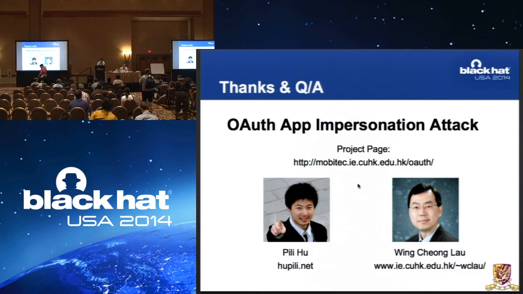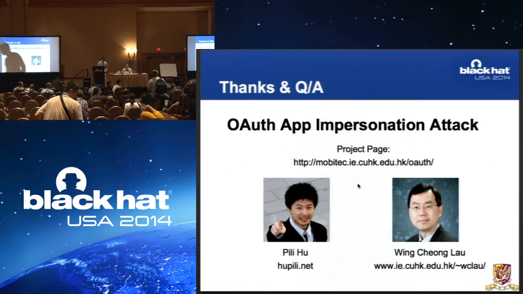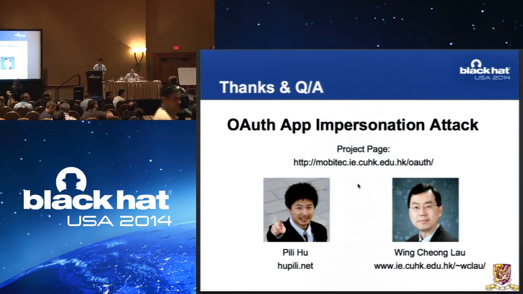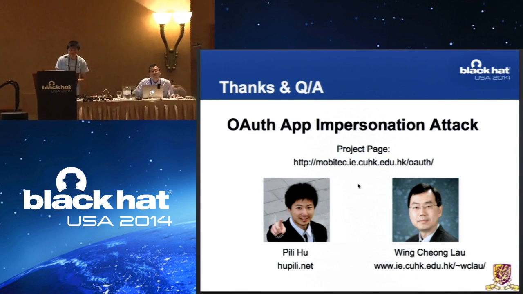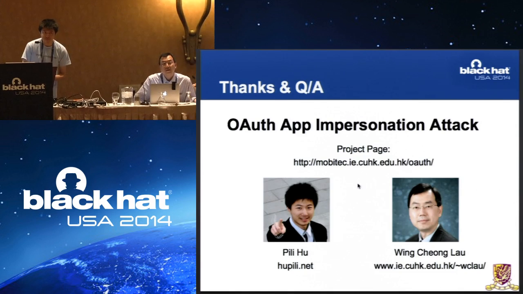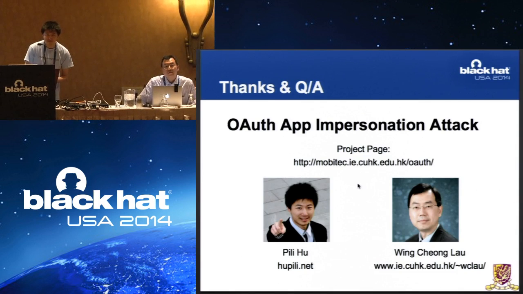I have two questions. The first one is, if we use the authorization code flow versus the implicit flow, there's a refresh token involved, which means the access token can be refreshed for a longer time.